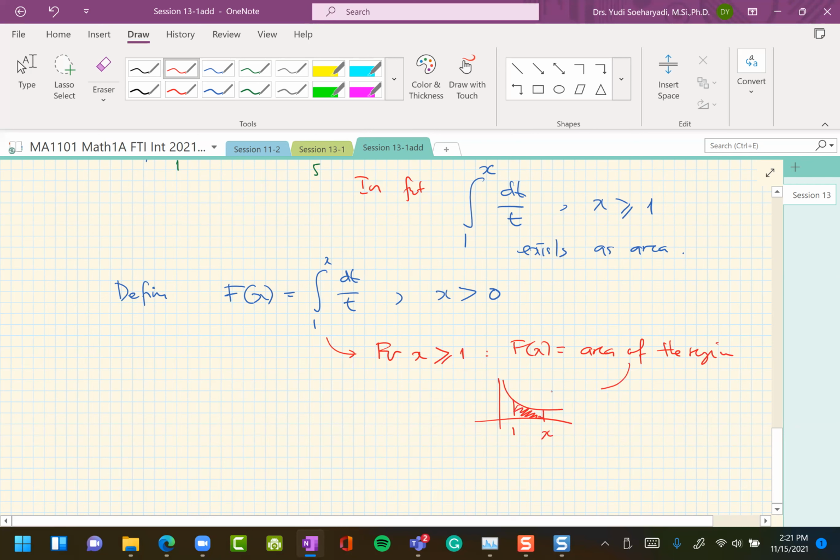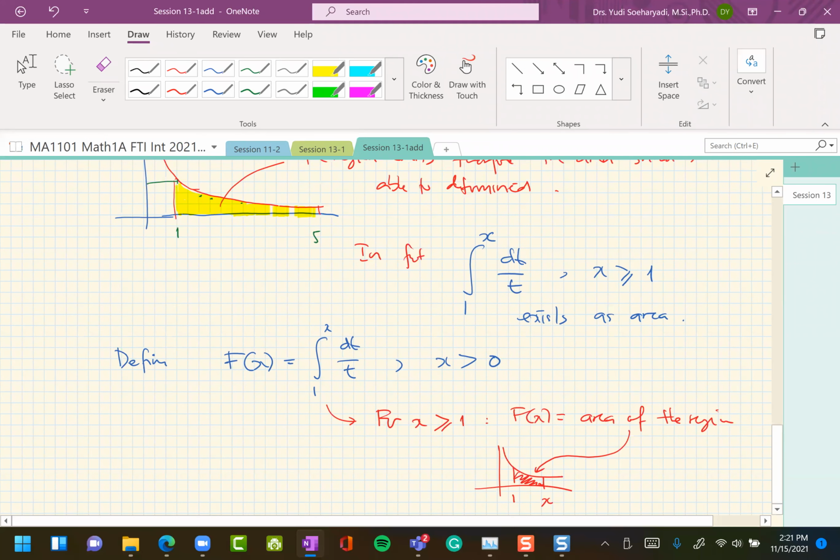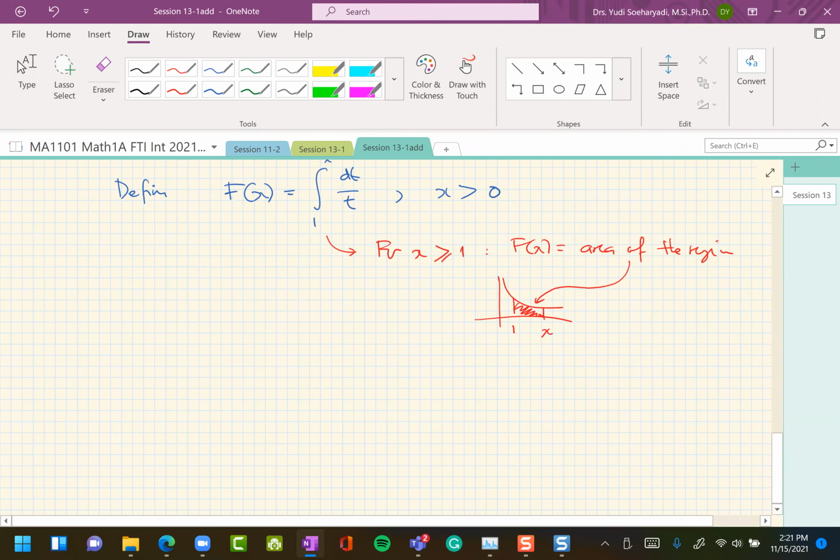There we go. So there's a new function. Let's see what happens with the properties. So, properties of F.